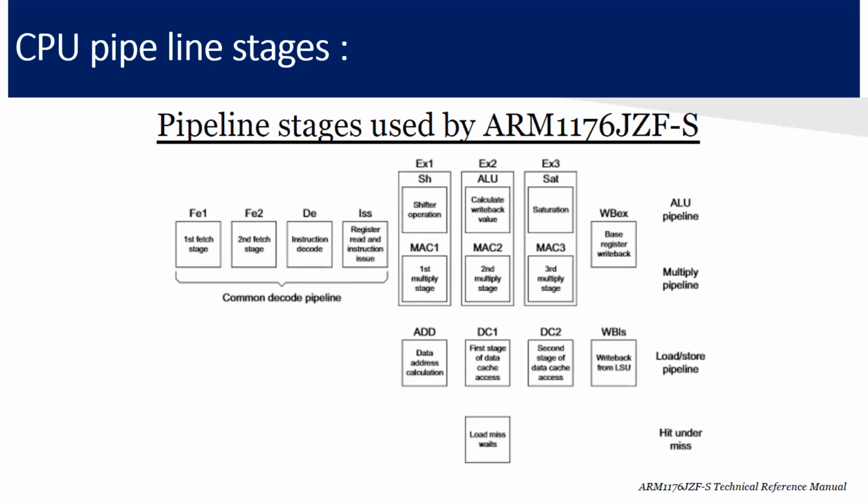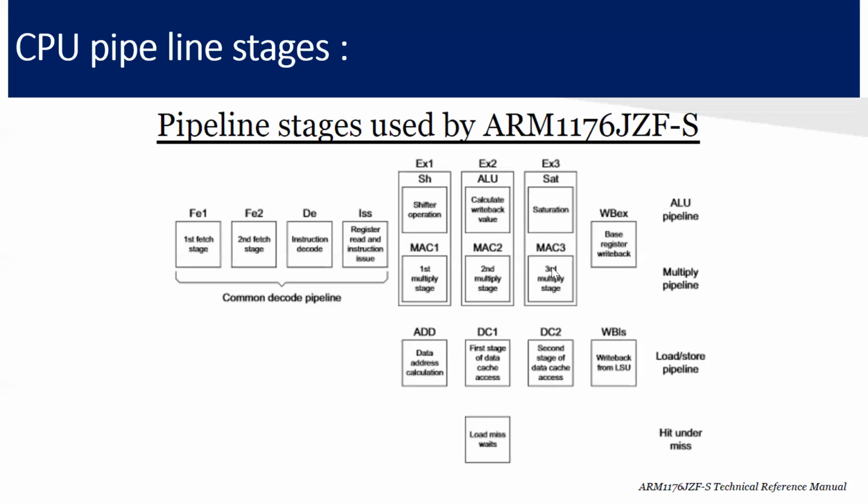Now, four integer execution pipelines have been provided here. These next pipelines, one, two, three, four stages, are for execution of four integer instructions, the integer type of instruction. In order to execute these types of instructions, here you can observe execute one stage, execute two stage, and execute three stage.